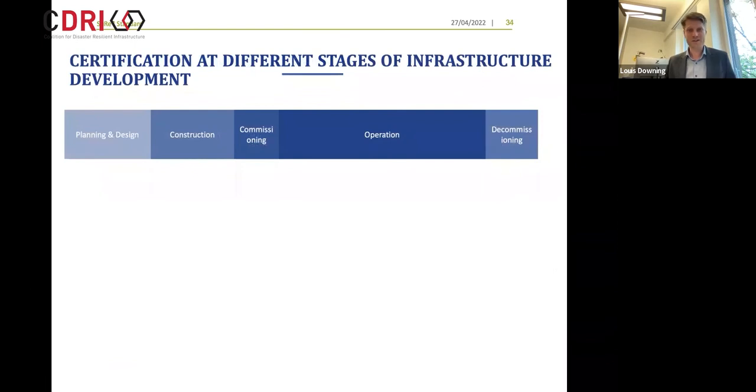So now this is answering the question that just came up. How does certification at different stages of infrastructure development work?